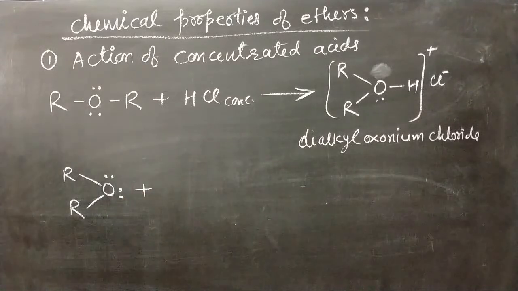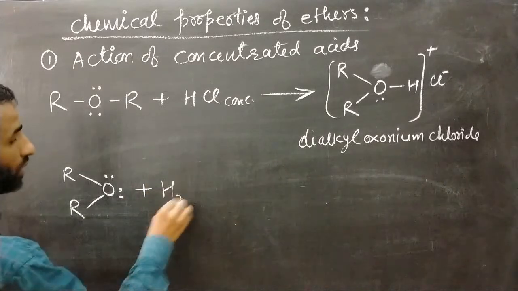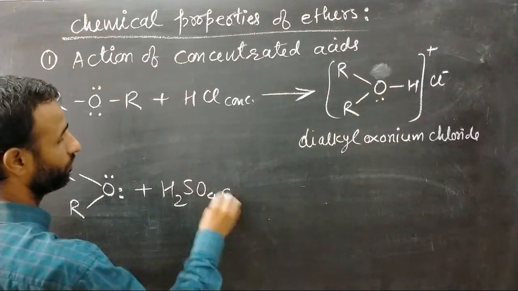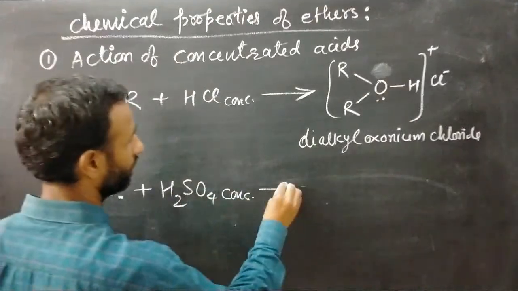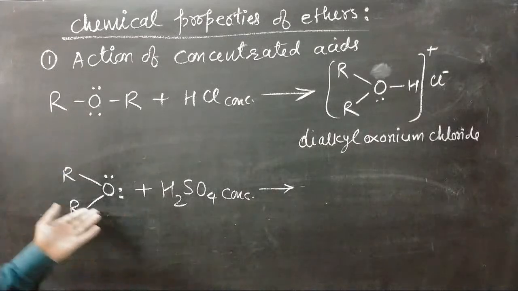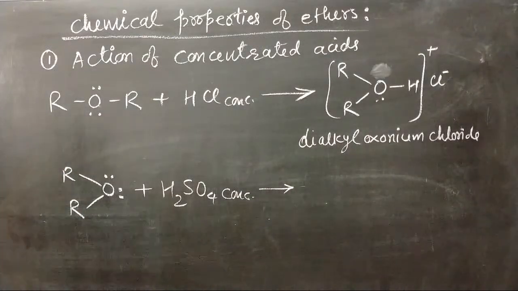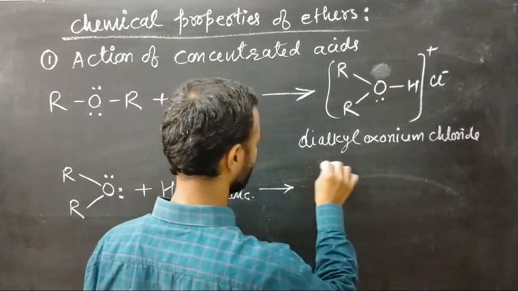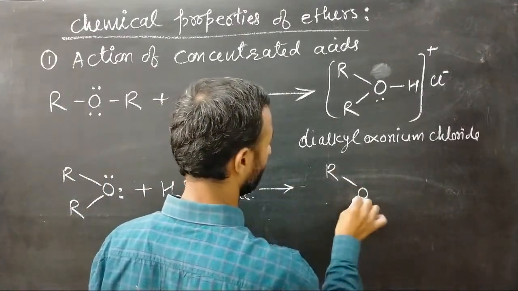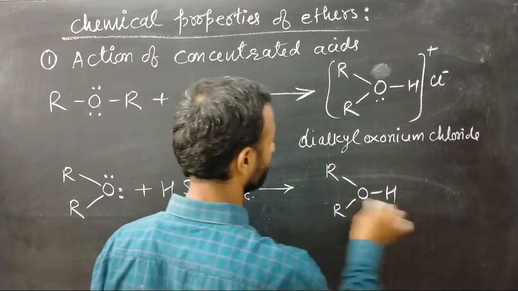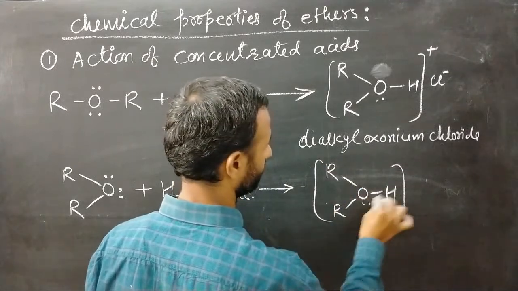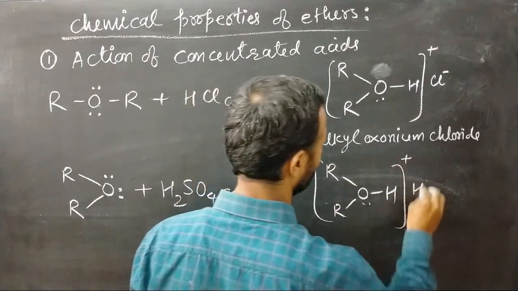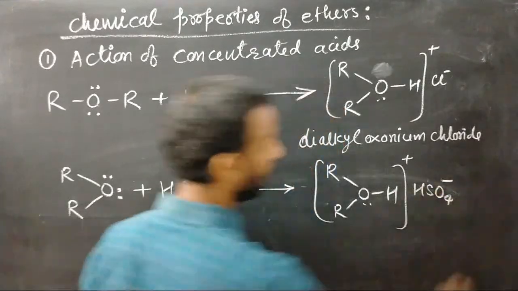Or even if we have H2SO4, okay, so tell me what is the product formed. Again, one H plus is attached here. So product formed is [R-O(H)-R]+ and HSO4 negative.